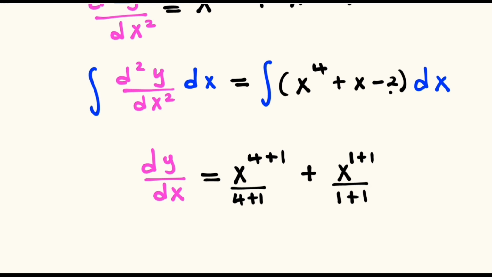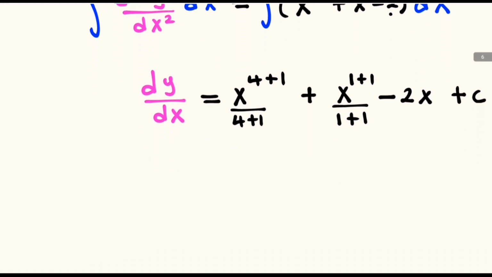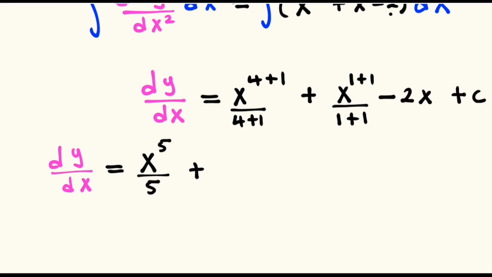And the integral of negative 2 will be negative 2x plus our constant c. From here we simplify. The first derivative of y with respect to x will be equal to x raised to the power 4 plus 1, which is 5, divided by 5, plus x squared divided by 2 minus 2x plus c.